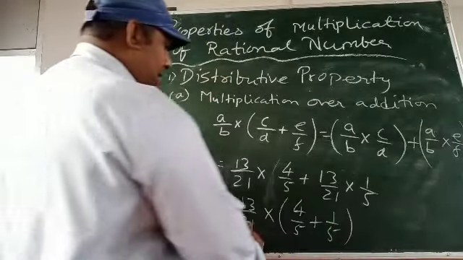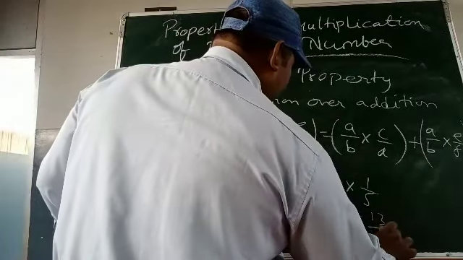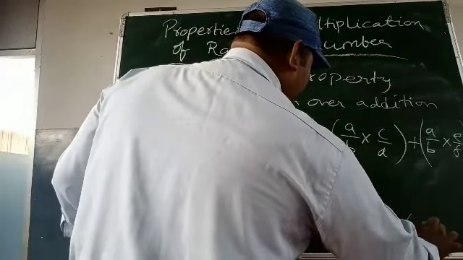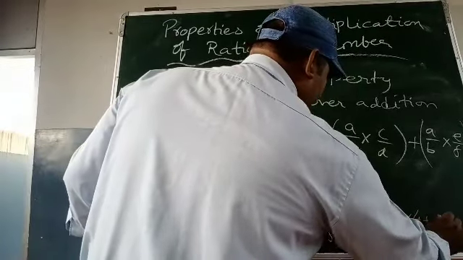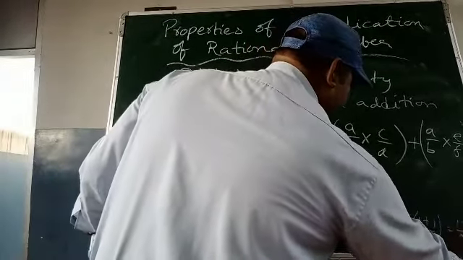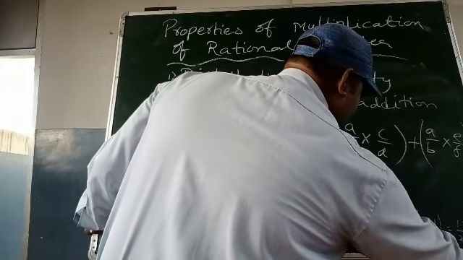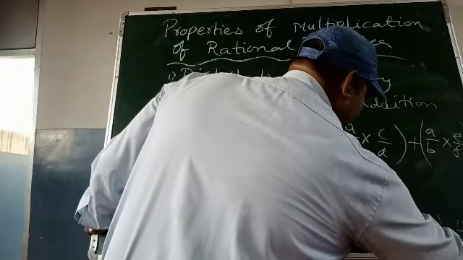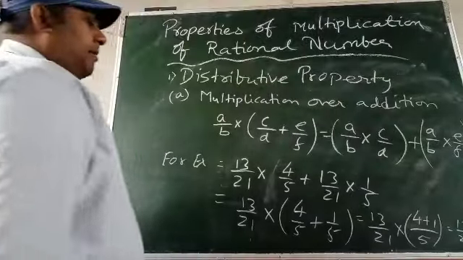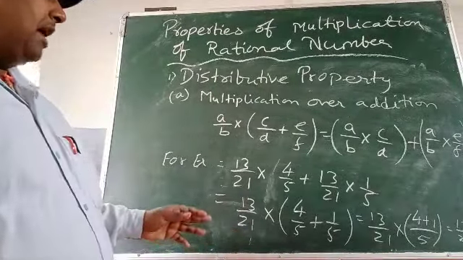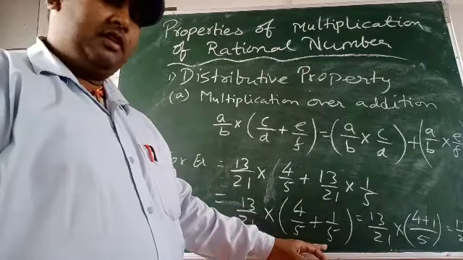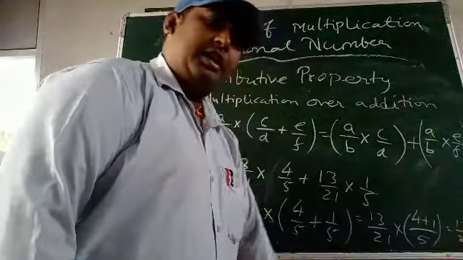That will be 13 by 21 into, and the LCM will be 5, 4 plus 1 by 5, that is 13 by 21 into 5 by 5. The result will be 13 by 21.